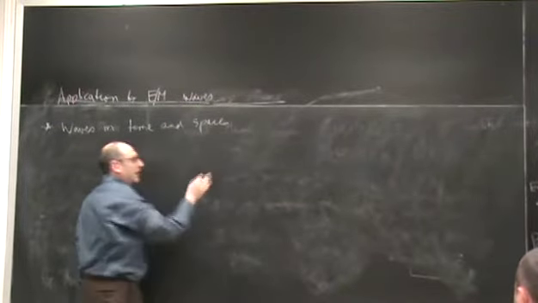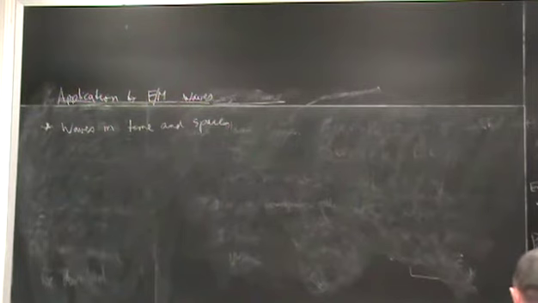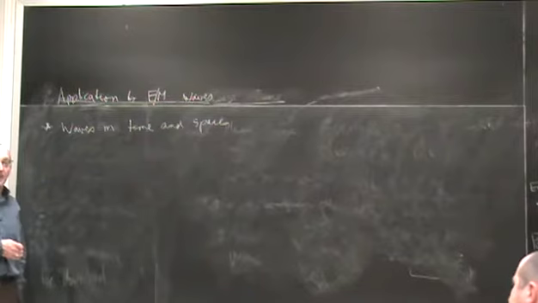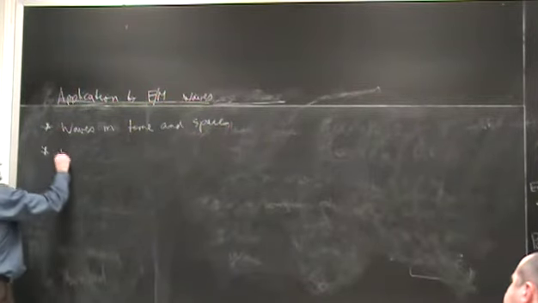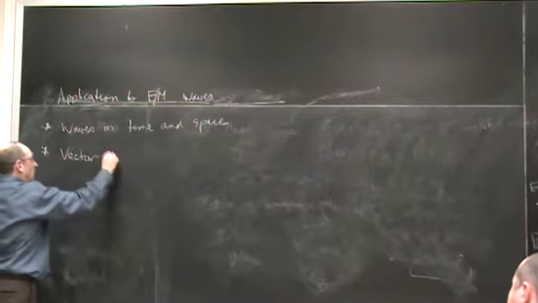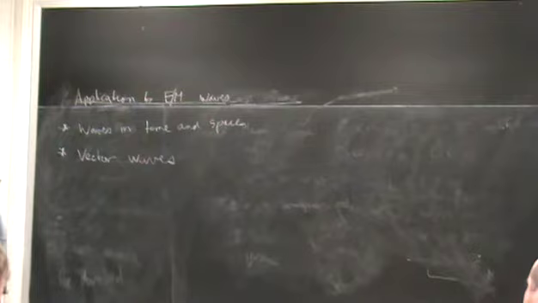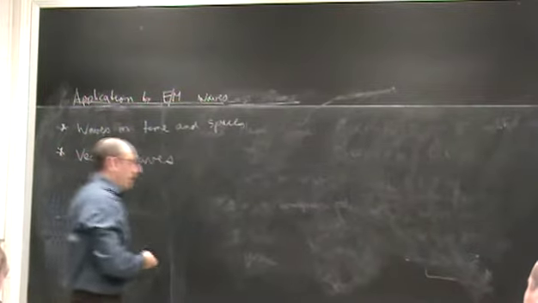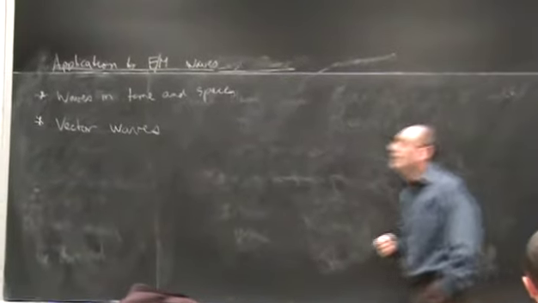So at the moment I just talked about functions as a function of time, but the wave is also a function of position. So we need to think about the Fourier analysis in both time and in position. We're talking about vector waves. So we're talking about not just a scalar function that's a wave. We're talking about a vector function that's a wave.